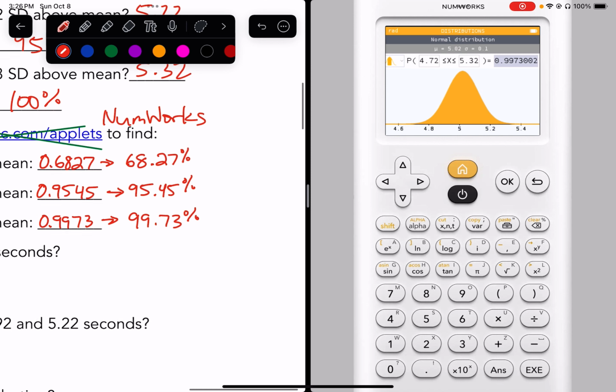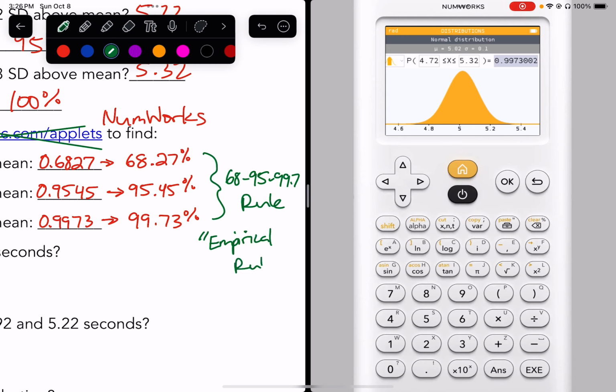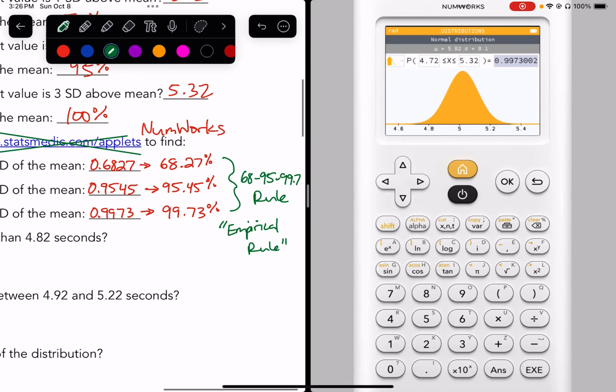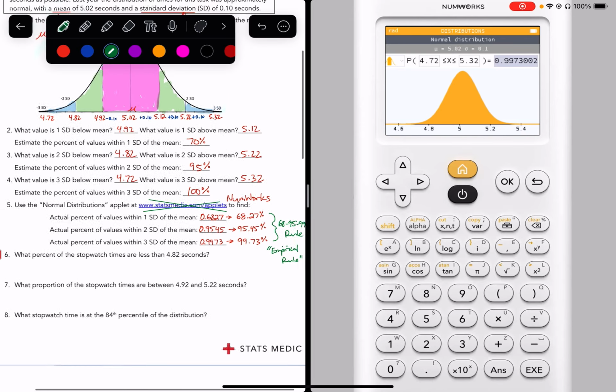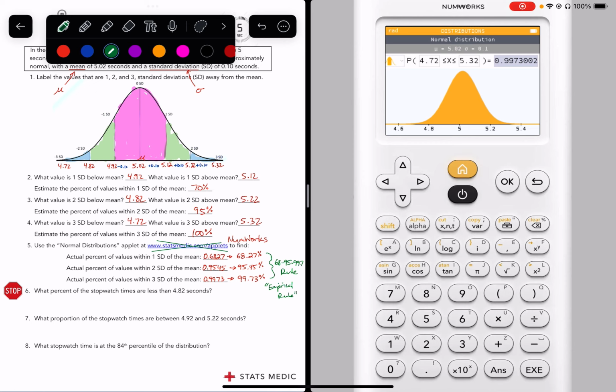And so this stuff right here, all of this, is what is known as the 68, 95, 99.7 rule, or also known as the empirical rule. Which says that for any normal distribution, 68% of the data will lie within one standard deviation, 95% will lie within two standard deviations, and 99.7 will lie within three standard deviations.